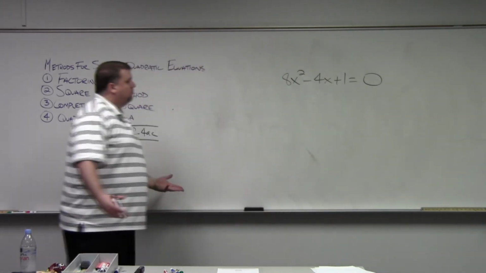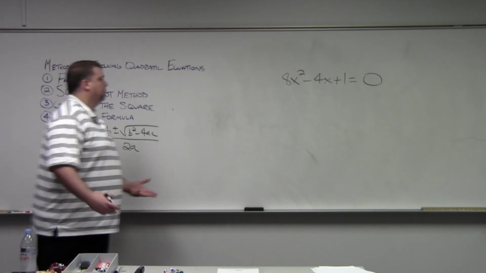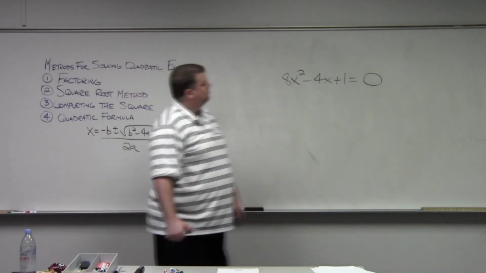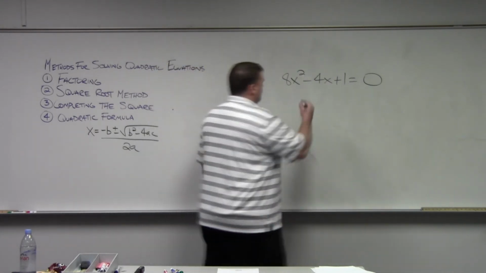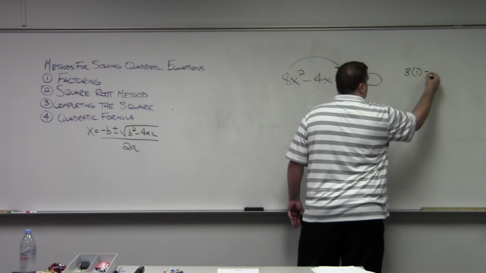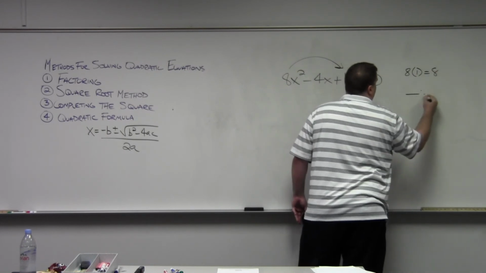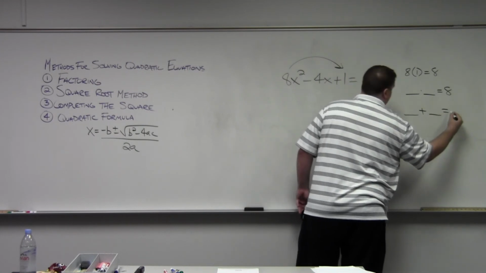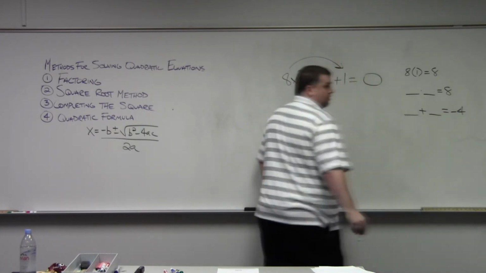Can we do the square root method? Not isolated. Well, factor? Maybe. What's 8 times 1? 8. Are there any factors that add up to 8 that also add up to a negative 4?